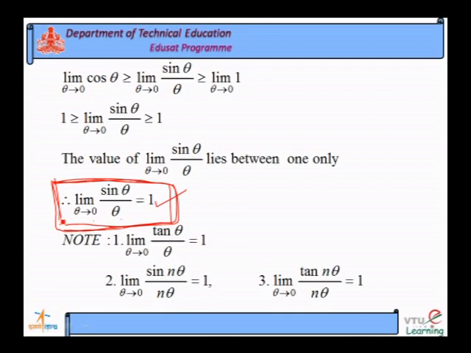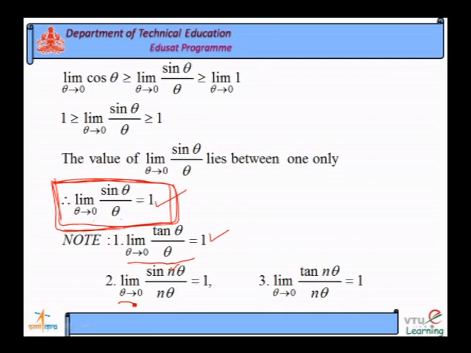This same concept is extended for tan theta also, that is limit of tan theta by theta as theta tends to 0 is also equal to 1. Here sin theta by theta is 1. Suppose with the theta, if any multiples are there, 1 theta by 1 theta, 2 theta by 2 theta, 3 theta by 3 theta, 4 theta by 4 theta, like that.